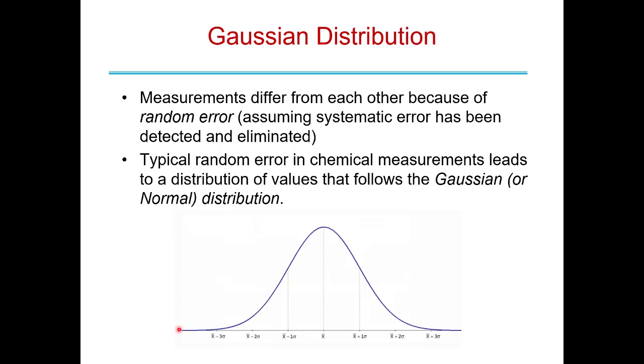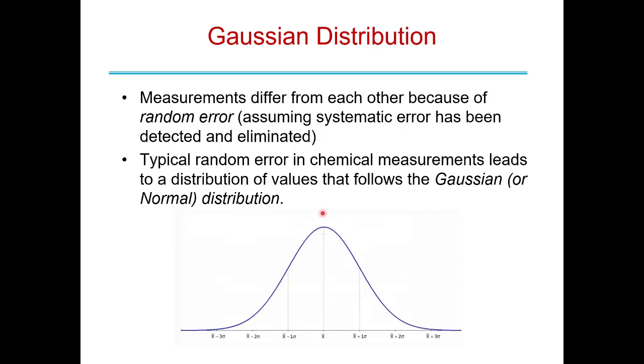So let's look at this plot. This is a plot of the Gaussian distribution. So the true value is right here at the peak, okay? And here's our mean value. So if we take enough measurements, the mean value will equal the true value. Okay. So the height of this peak is the probability that we measure that value.